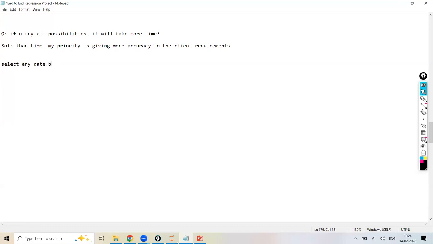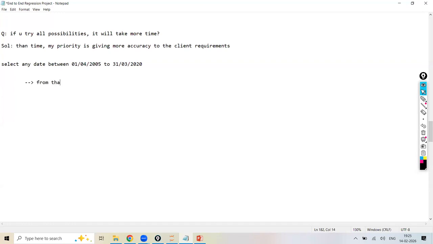Any date between April 1st, 2005 to 31st March 2025. You choose any date as per your choice. But forget this one, up to 2020 only, better. Within this, you choose any one date of your choice.